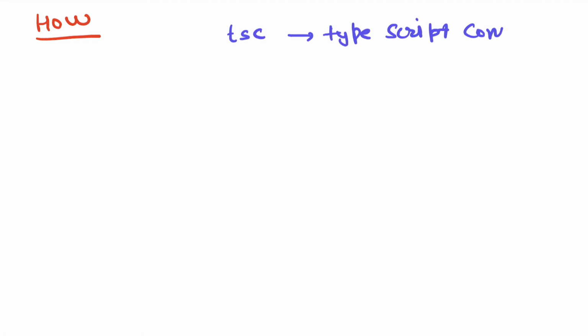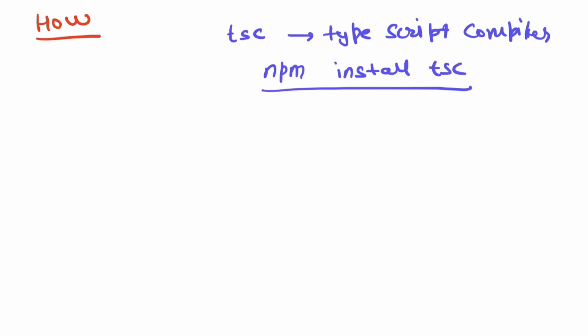The easiest way to install the TypeScript compiler, if you have Node installed in your system, is to install TypeScript using the npm package manager: npm install tsc, and it will install the TypeScript compiler onto your system.